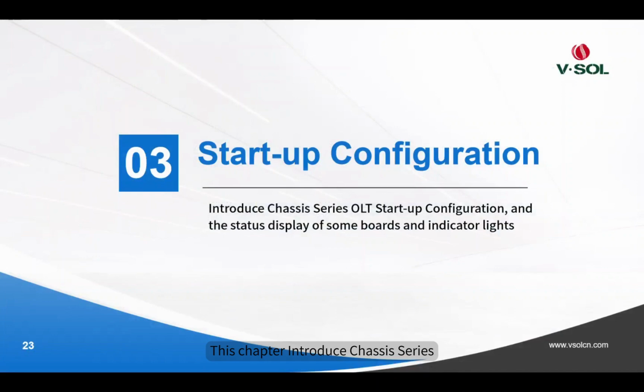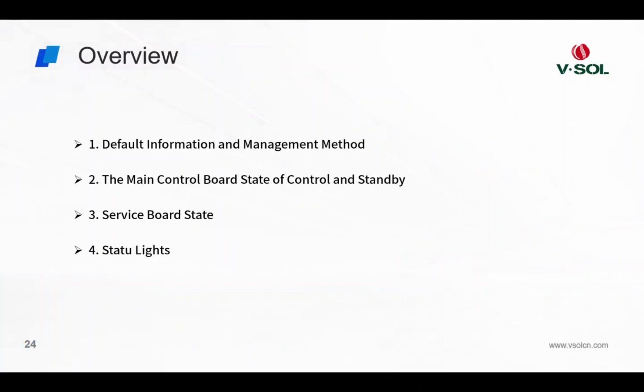This chapter introduced chassis series OLT startup configuration and the status display of some boards and indicator lights. This is the table of contents information for this chapter.